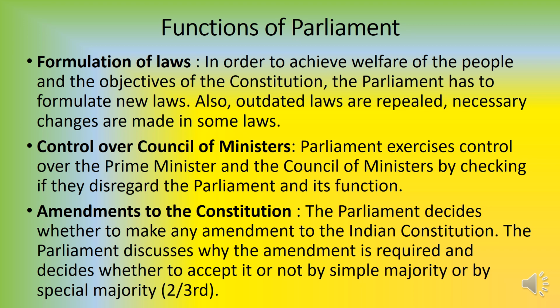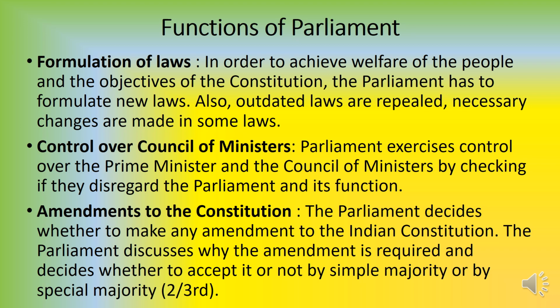First is the formulation of laws. The parliament has the right to make new laws. Why does it do so? In order to achieve the welfare of the people, for the benefit of the people, and also to achieve the objectives of the constitution.